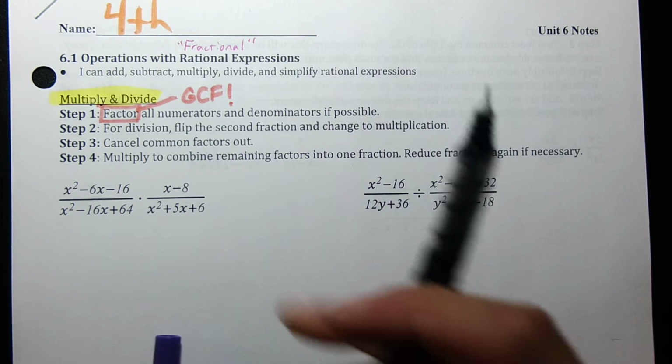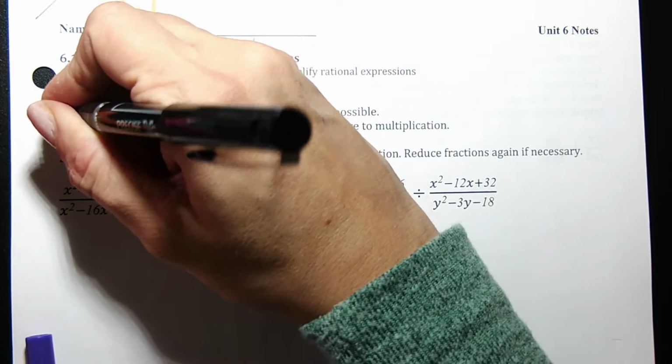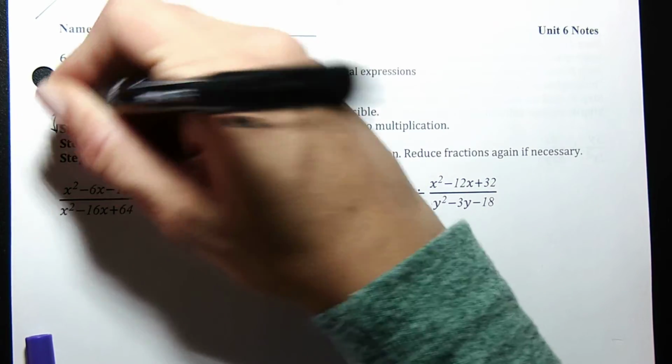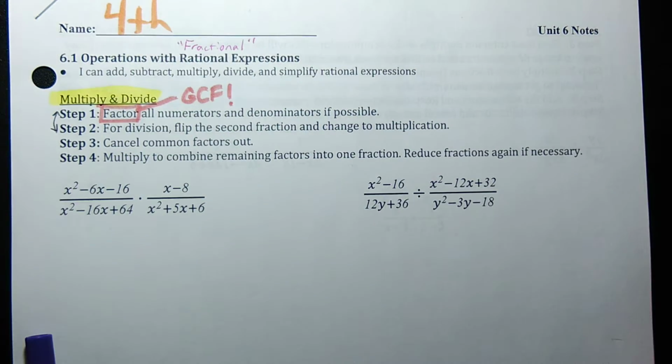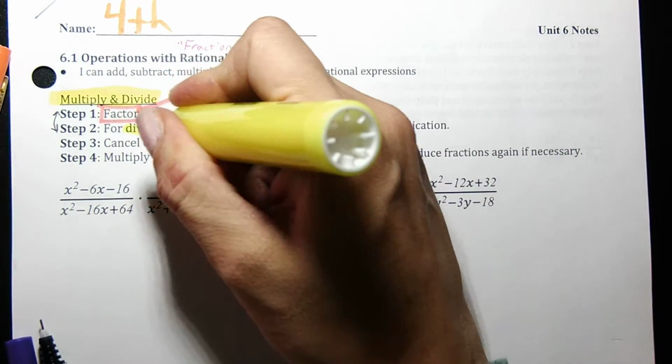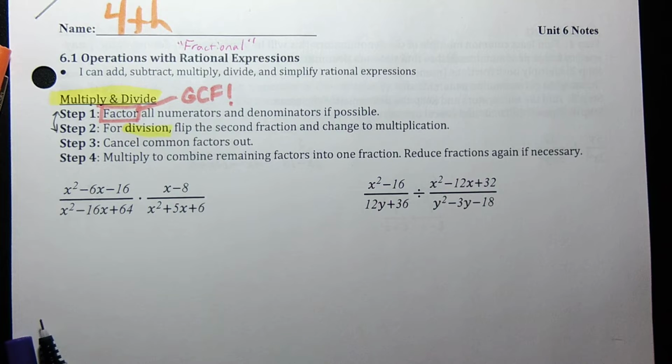I actually would probably switch step 1 and 2 and do step 2 first because I think it's helpful with all of the different types of operations we're going to be doing in this unit to identify your operation first. So if you see that the operation is division, you are going to flip the second fraction and change to multiplication.